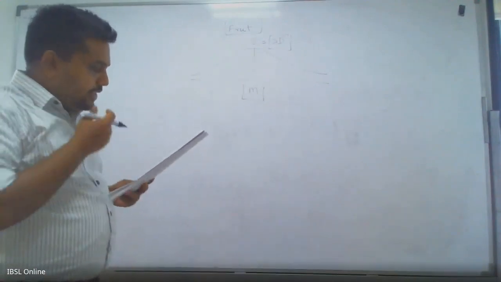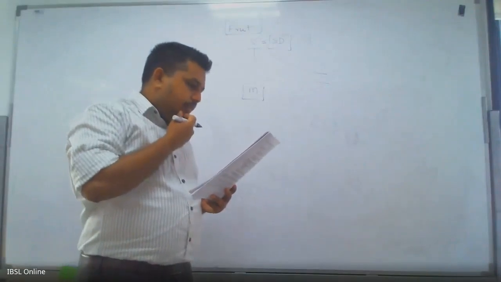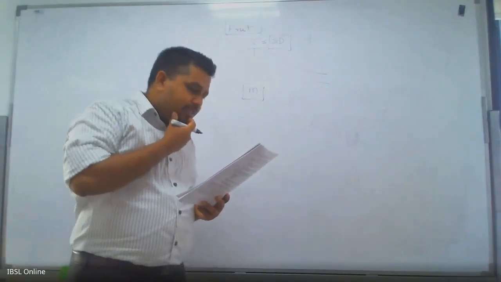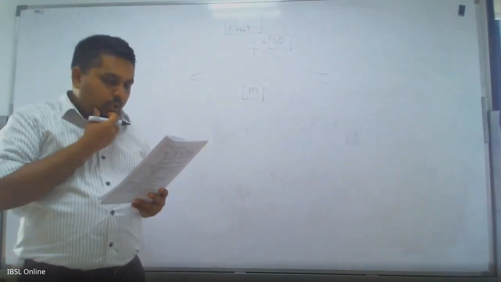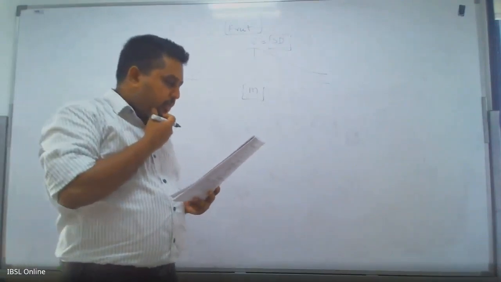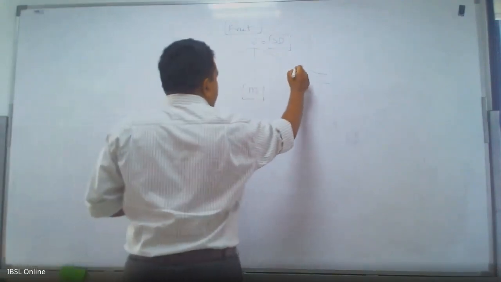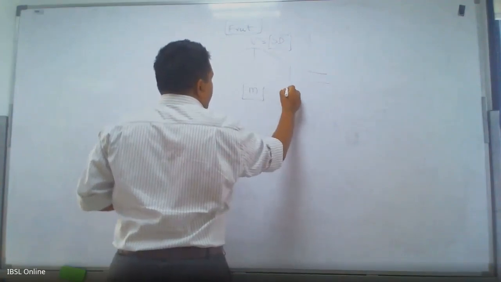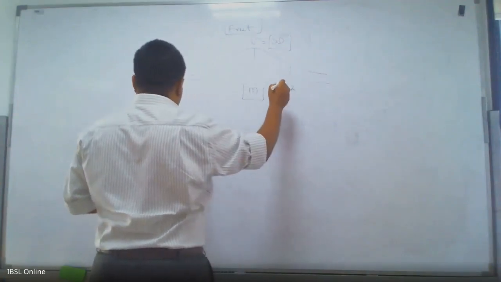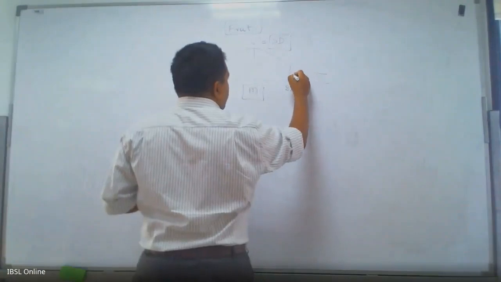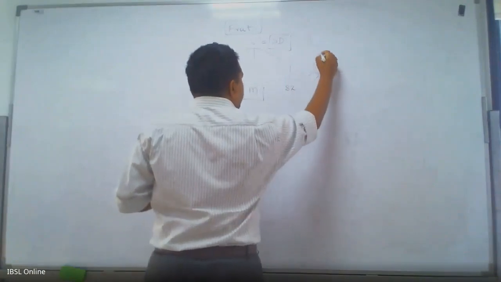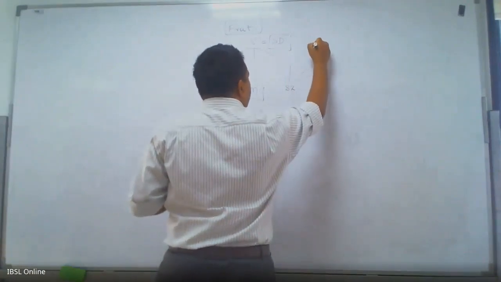But the question says, okay, 11.55% of fruit yogurt cups weighing over 82 grams. Okay, so that means 82. This particular area is given as 11.55%.